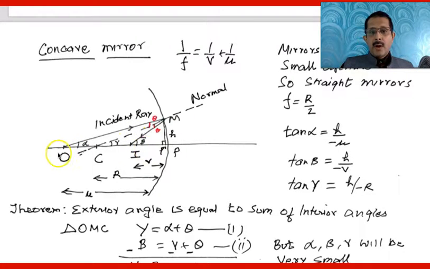So if I talk about from here to here, it will be negative. So I'm taking tan alpha is equal to h by minus u. Similarly, tan beta is equal to h by minus v. Right, and tan gamma is equal to h by minus r.